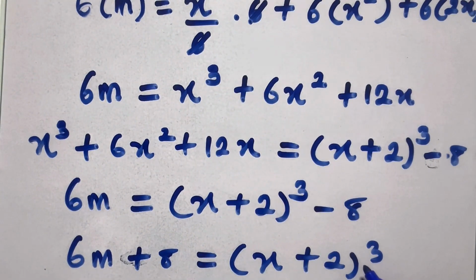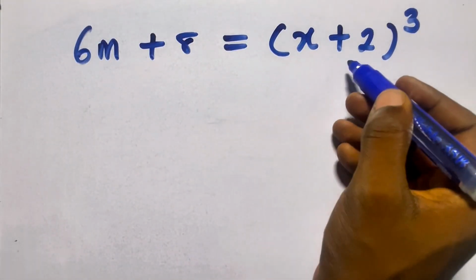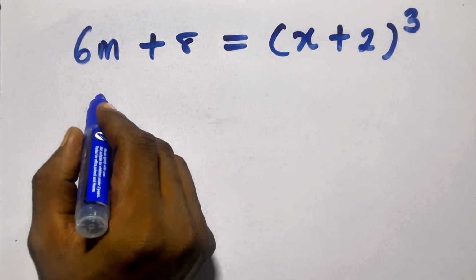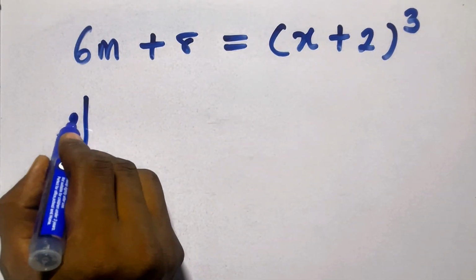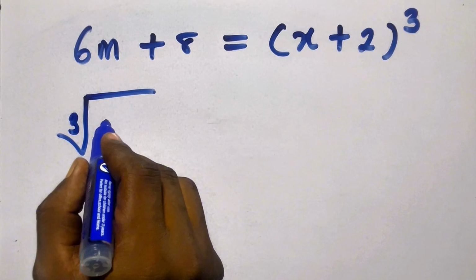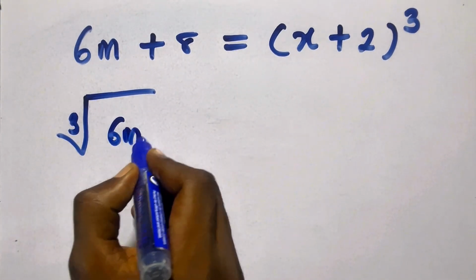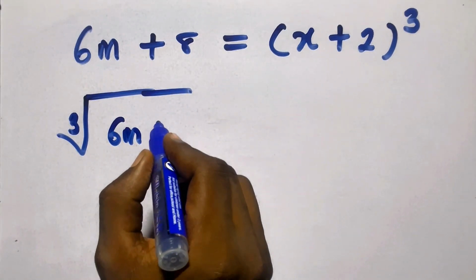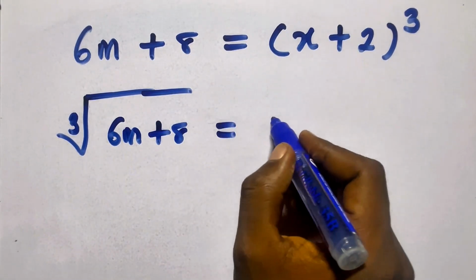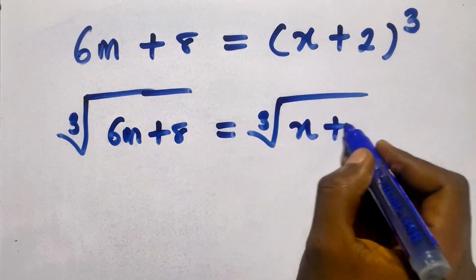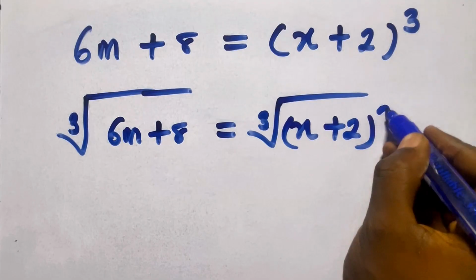So let's do that. Like I said, we want to cancel this cube. So let's take the cube root of both sides. The cube root of 6m plus 8, and we have another cube root on this side, x plus 2 raised to the power 3.